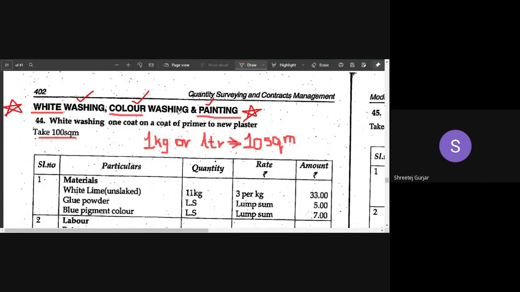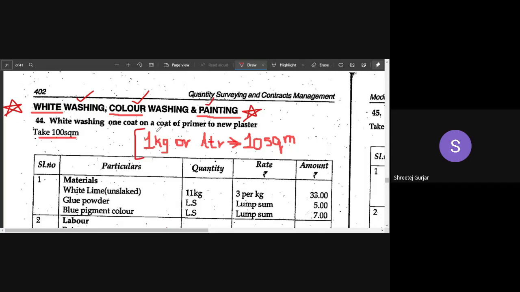A thumb rule you can follow here is 1 kg or 1 liter of paint. 1 kg if it is in powdered form, since sometimes paint is given in powdered form, especially for whitewashing, and then you have to mix it with water and prepare your whitewash.